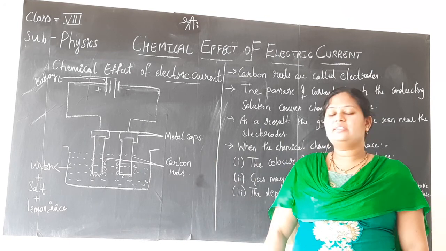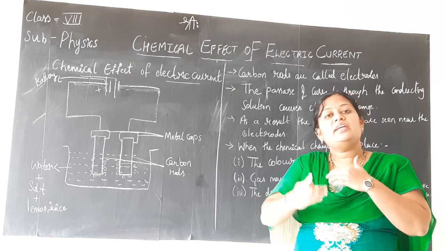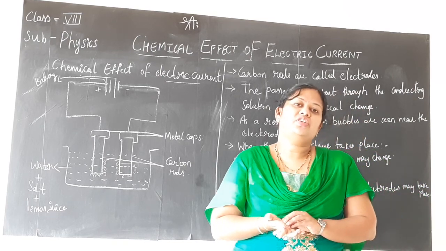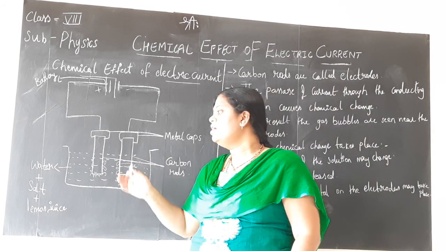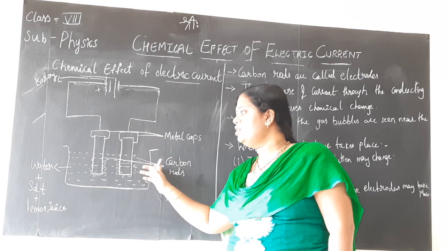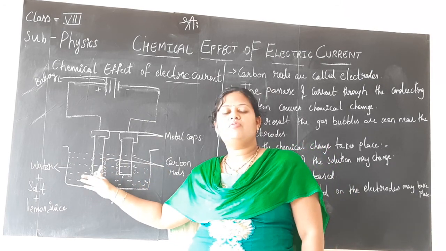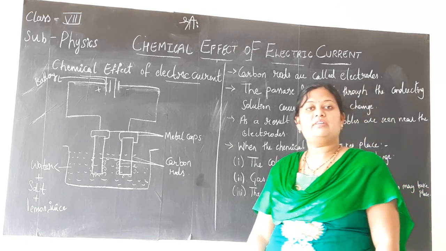Why do you think these gas bubbles are formed? It means a chemical reaction is taking place, children. The chemical reaction is taking place because the power supply or battery is there through which the current is flowing, and we know the water plus salt plus lemon juice solution is a good conductor of electricity.